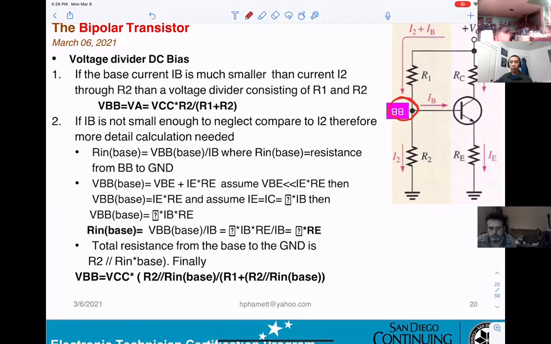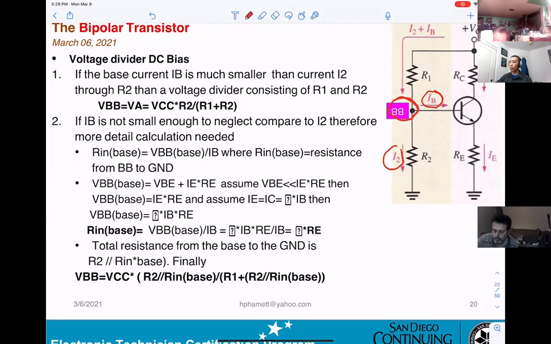If the base current IB is much smaller than the current I2, then you can use the formula VCC times R2 divided by R1 plus R2. That means only the R1, R2 divider.